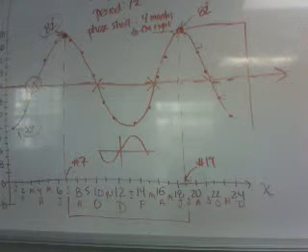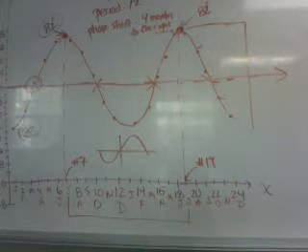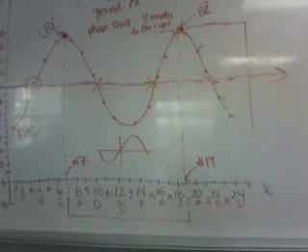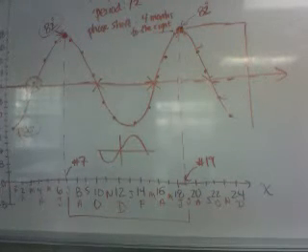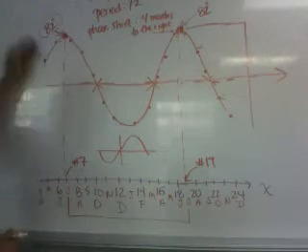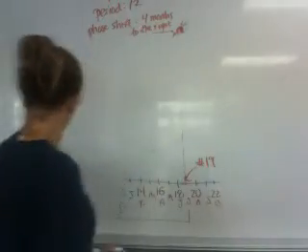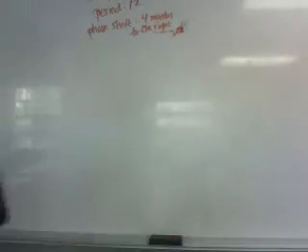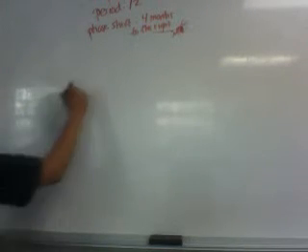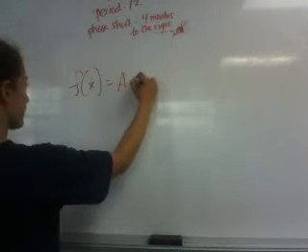Okay, number 5, using the data, determine a function in the form f of x equals a times sine, parentheses kx minus c plus h. So I'm actually going to erase the graph. I kind of write mine different here.